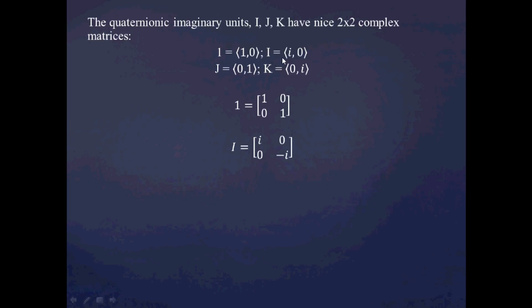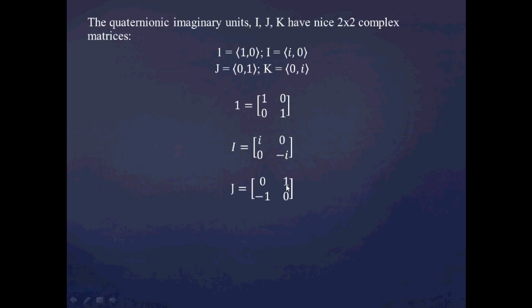Now for big I, which is going to be little i, 0, again, I just plop it into the first row. Down here in the 2-1 position, I take the negative conjugate of 0, that gives me 0. And then down here in the 2-2 position, I take the conjugate of i, which is minus i. And now this is going to be the 2x2 matrix corresponding to big I, the quaternionic I. And now for J, I have 0, 1.